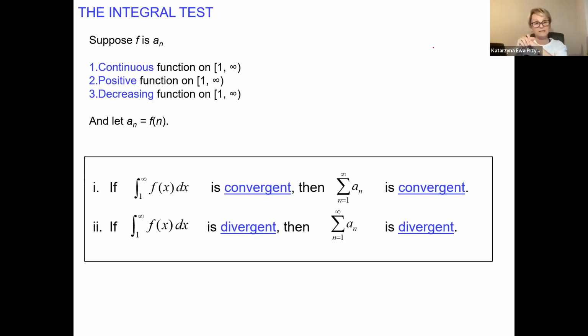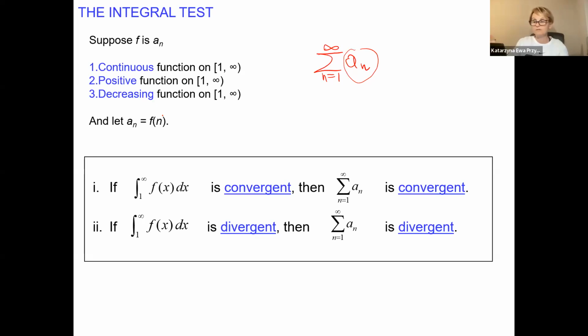Okay, that's the integral test. If you have an infinite series, the summation of a sub n, and the test for divergence will not work because the limit is 0, then we can look at this formula and check if this expression, as a function, is continuous, positive, and decreasing on that interval.